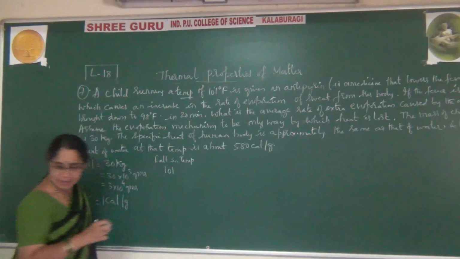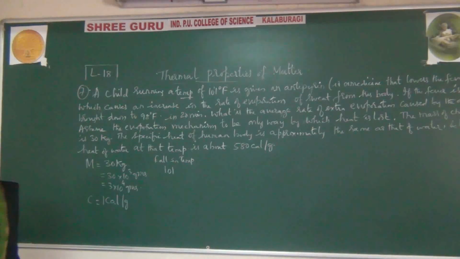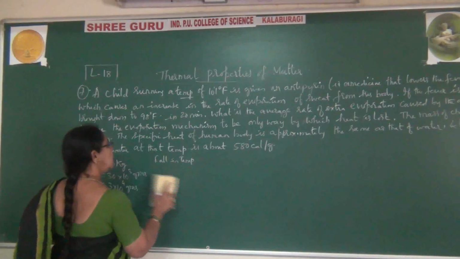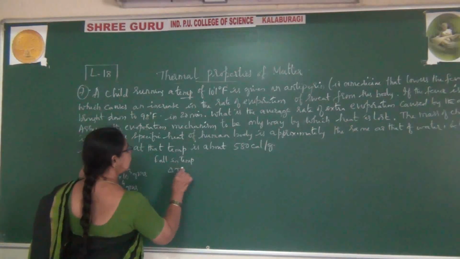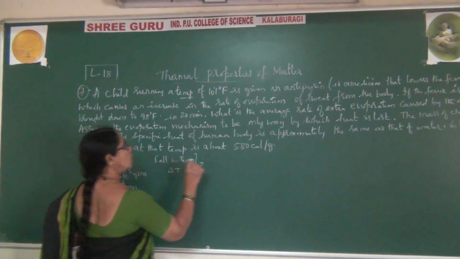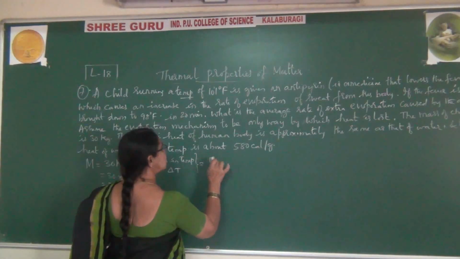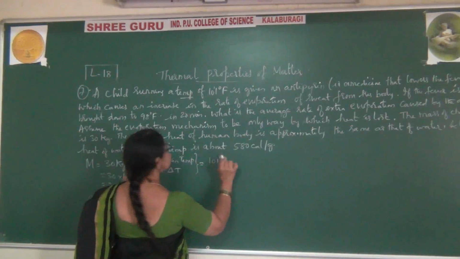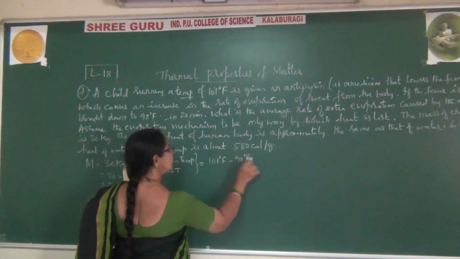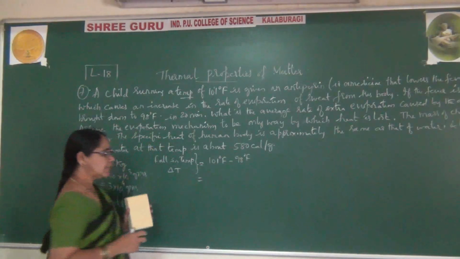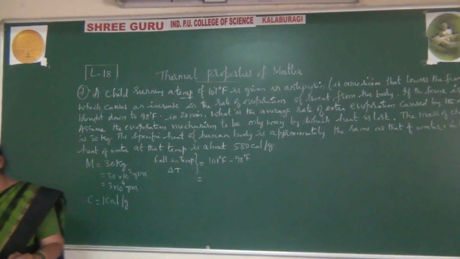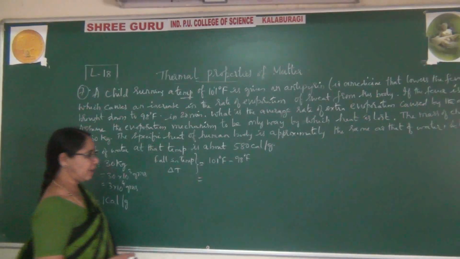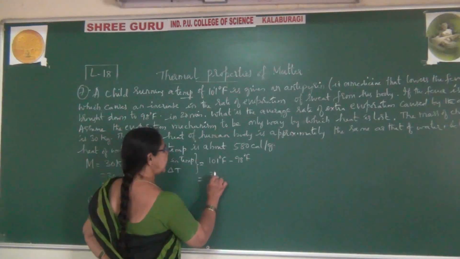Let me write the falling temperature as delta T. Delta T is 101 degree Fahrenheit minus 98 degree Fahrenheit, which gives 3 degree Fahrenheit.